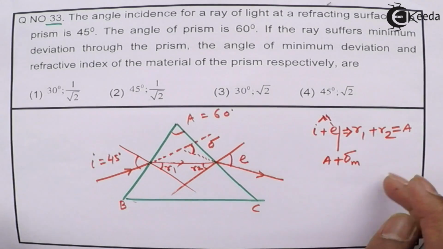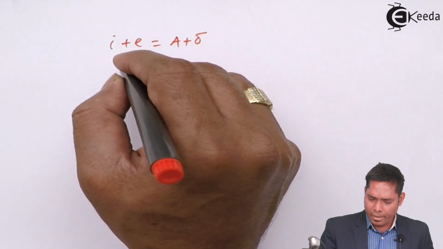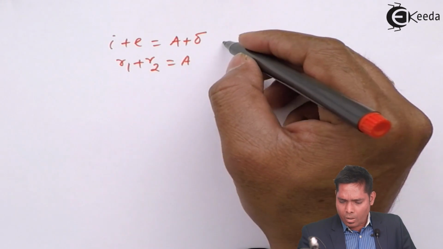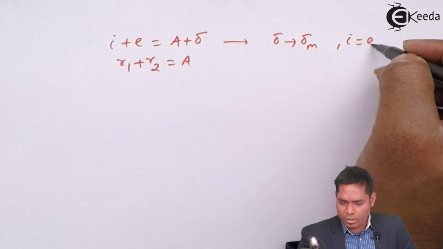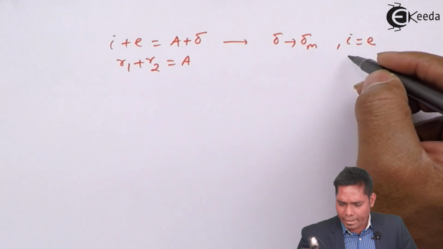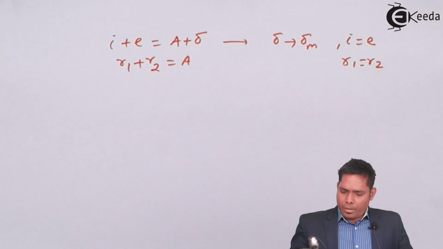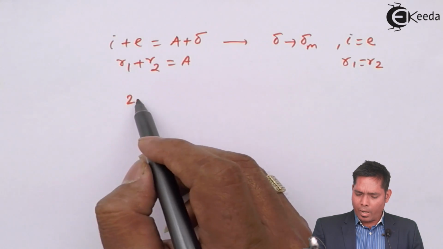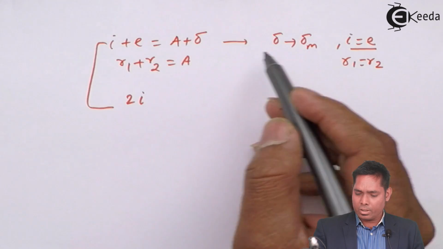So we will use the relation that i plus e is A plus delta and r1 plus r2 equals A. Now delta is delta m when i equals e and r1 equals r2. Using that, this becomes 2i, because i and e are the same for minimum deviation.